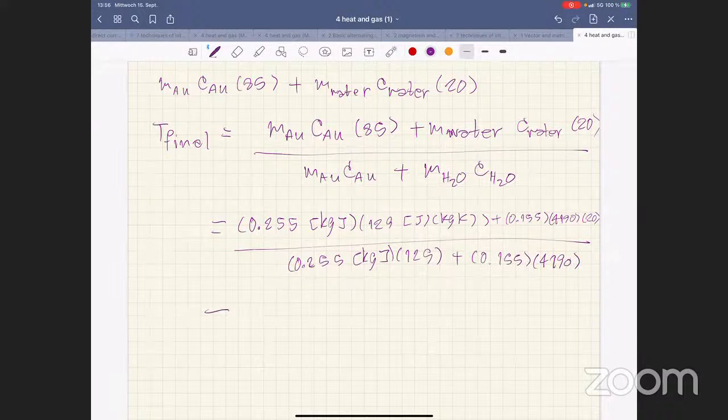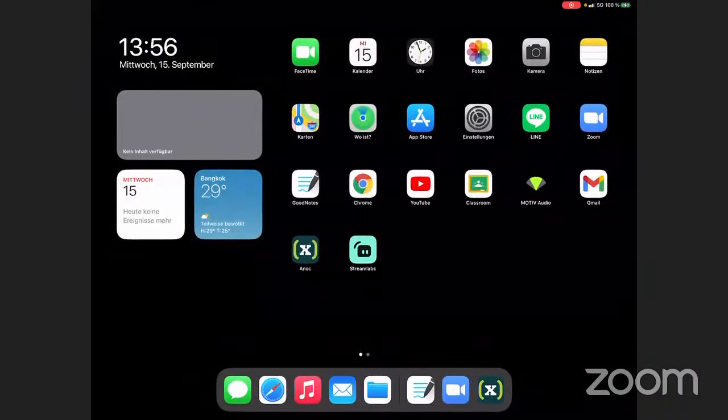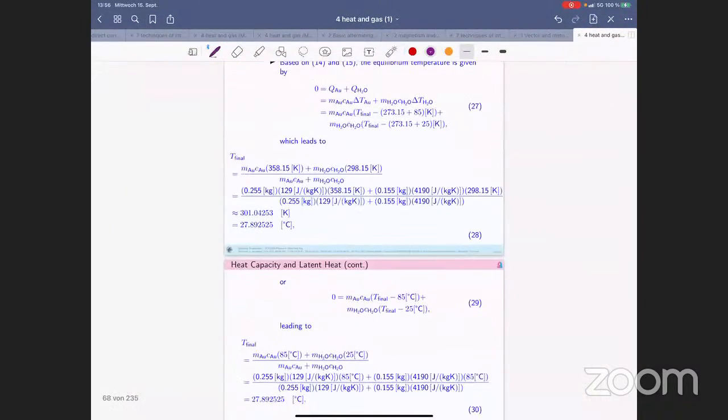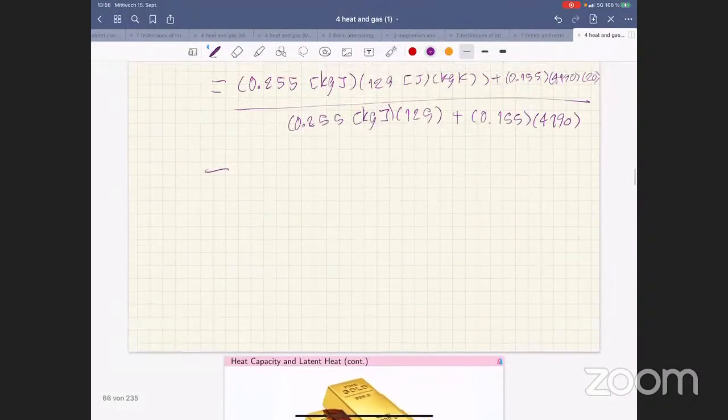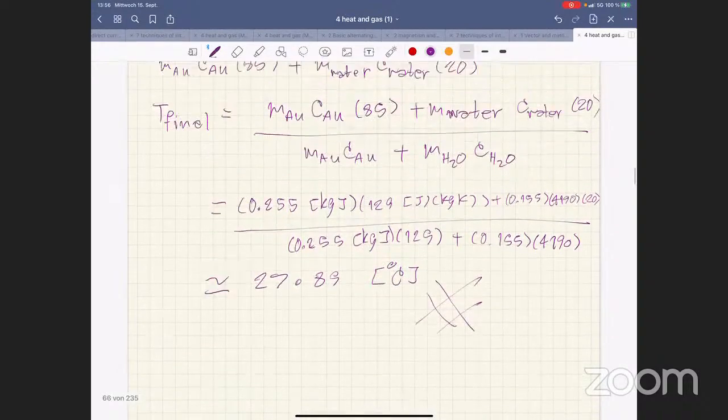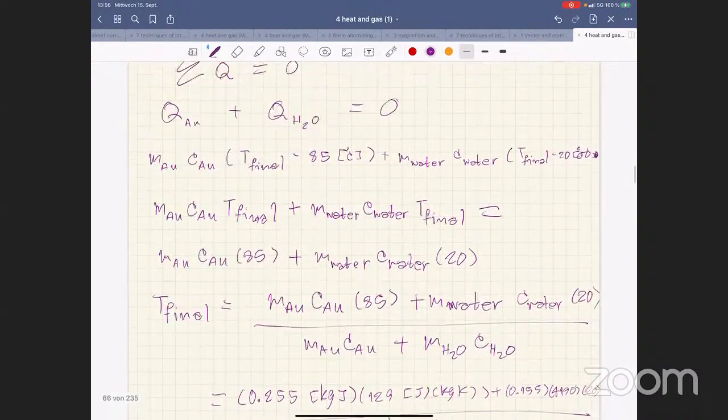If you put it into the calculator, you will get the result, which is 27.89 degrees Celsius, right? And that's it for this problem.